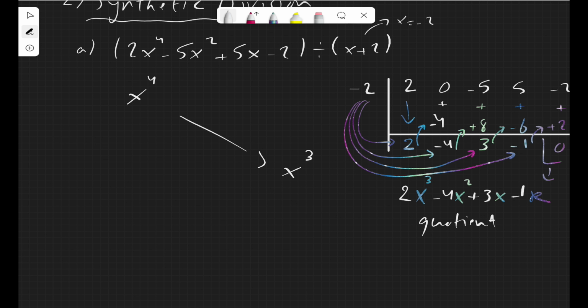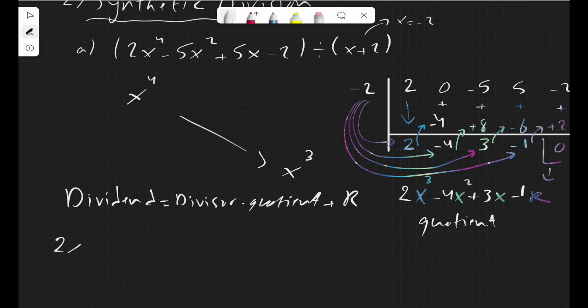As mentioned earlier, dividend is equal to divisor times quotient plus remainder.